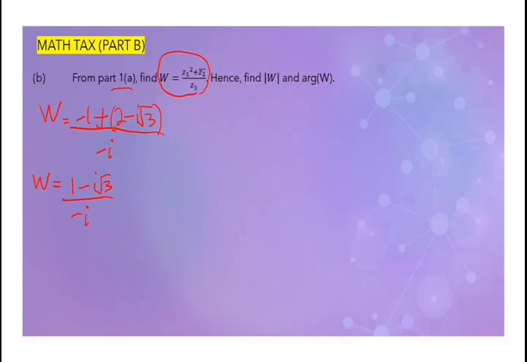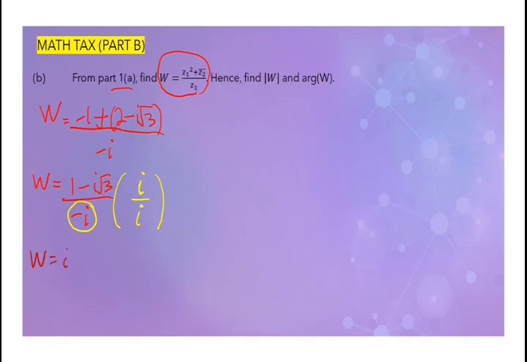So please change w into the form of a plus bi. What you have to do is multiply by the conjugate of the denominator. So this is negative i, the conjugate is positive i. So we multiply by the conjugate, positive i over positive i. And then we expand.